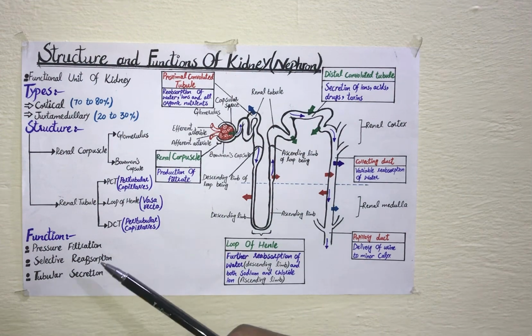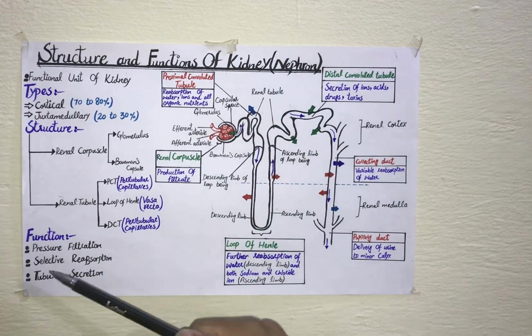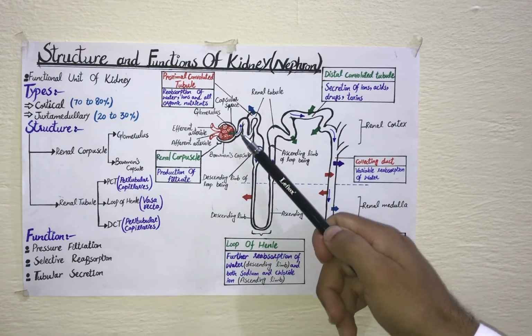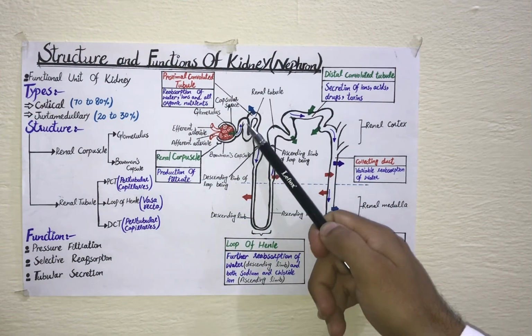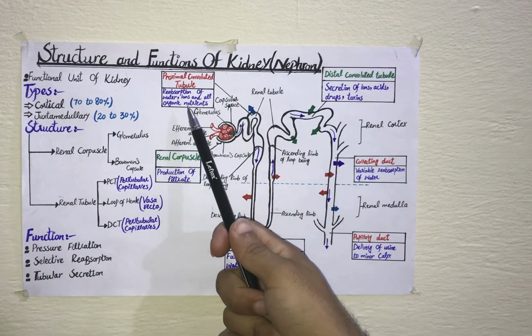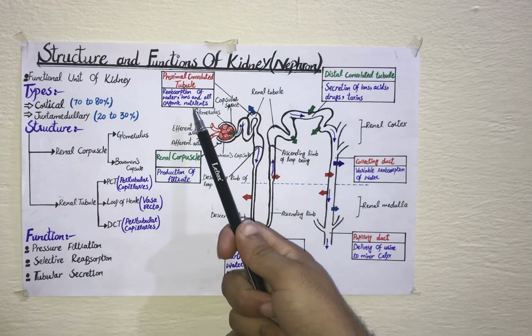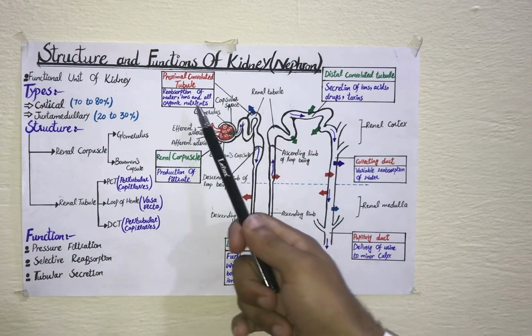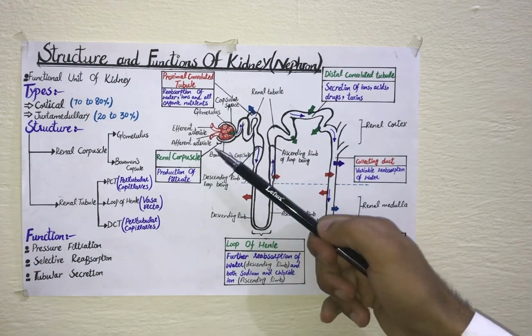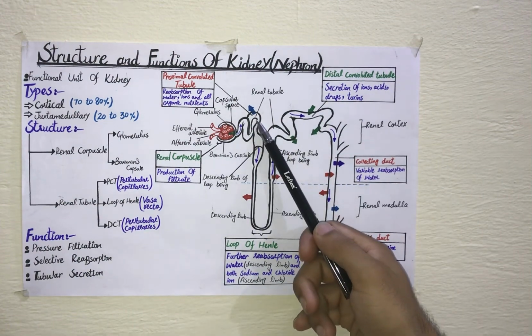In selective reabsorption, when the glomerular filtrate goes to the PCT, the proximal convoluted tube, the maximum of organic substances like glucose, amino acids and vitamins are reabsorbed along with a small quantity of water and ions. They are reabsorbed back into the blood from the proximal convoluted tube.